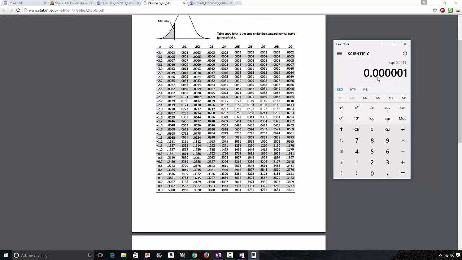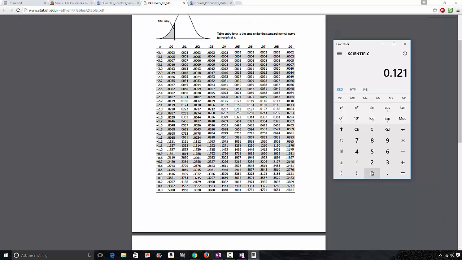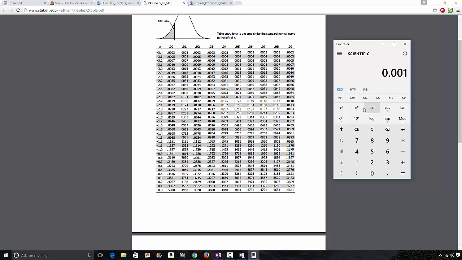So this is 0.000001. I put this in memory. Then I have 0.1210 minus 0.12, that is 0.001, square it. So this is 0.000001. Recall memory.